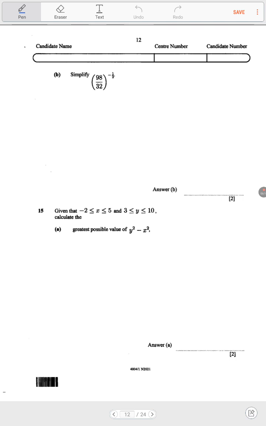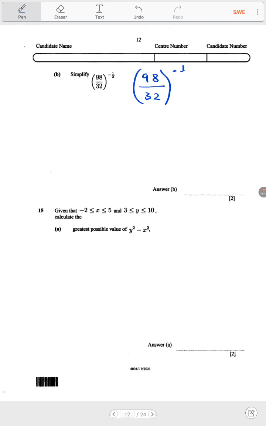Okay. We move on to number 14b. Number 14b says simplify (98 over 32) to the power minus half. So we can do it this way. We take 98 over 32, to the power minus half. We look for common factors here.